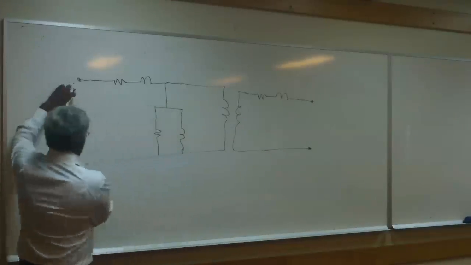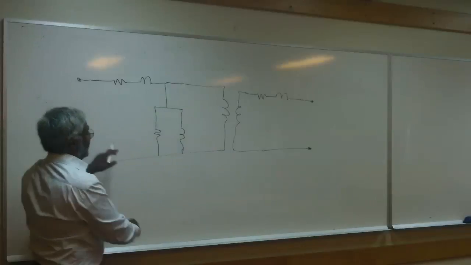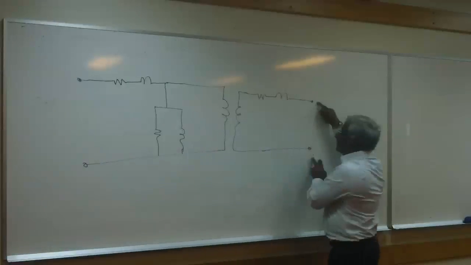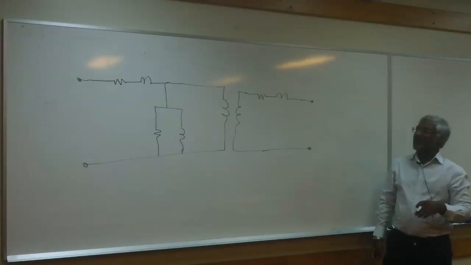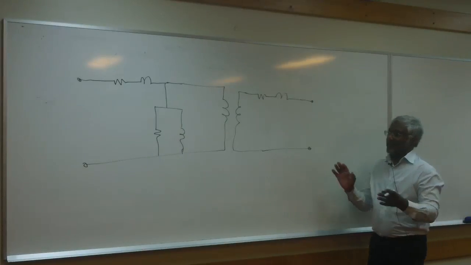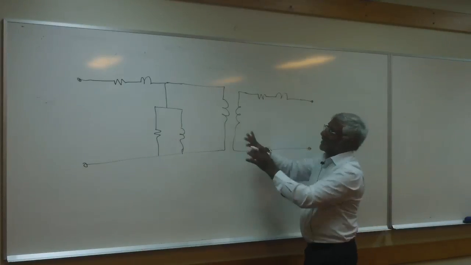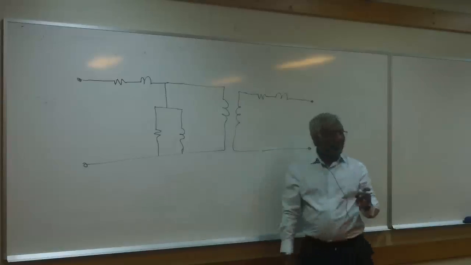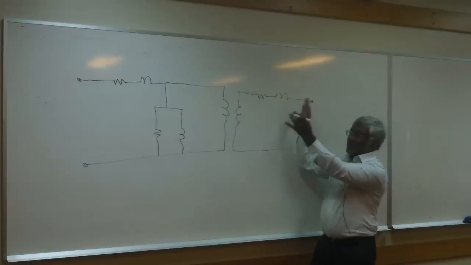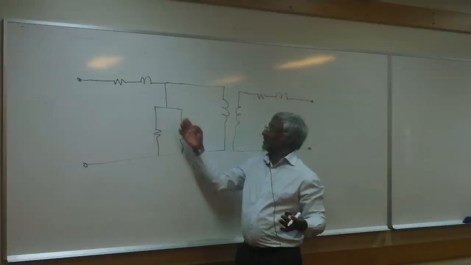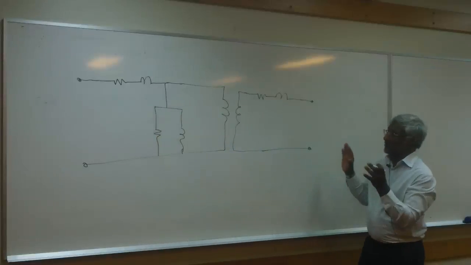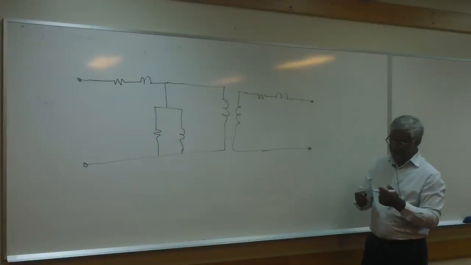These are the transformer terminals, this one and that one. They are real physical terminals, whereas everything in there forms the model. Of course, you can't physically get in there and touch that, so this is only a mathematical representation.